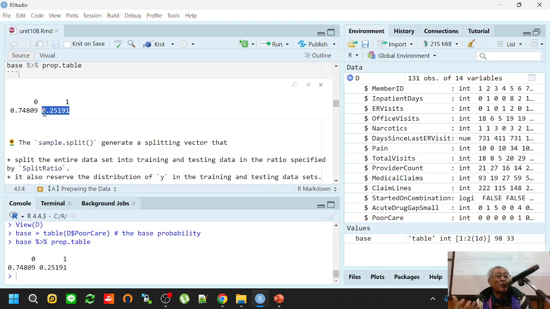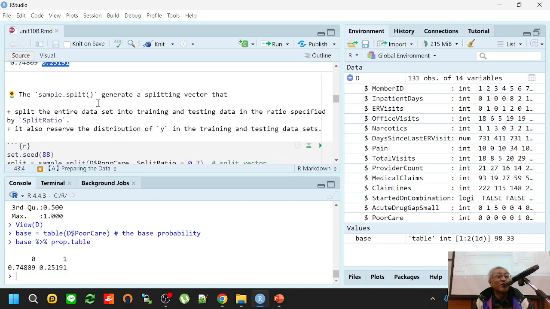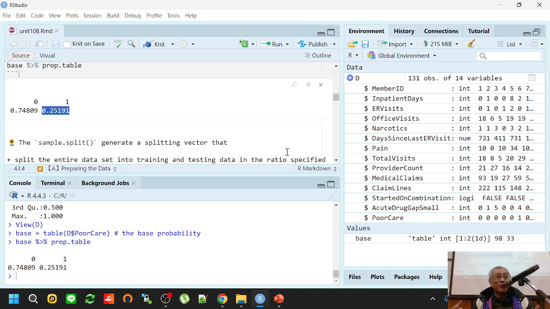It's about 1/4 of the people are in poor care. That's the idea of base probability. Now we have this x, so we can build a model so we can do a prediction better. That's what we are going to do next.